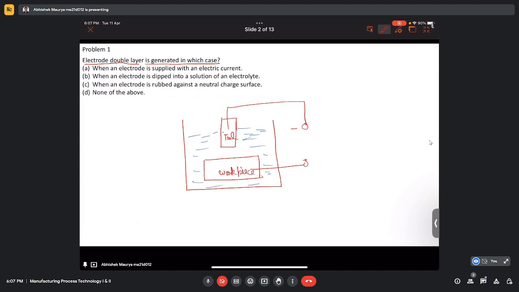So basically the tool and workpiece are acting as electrodes.